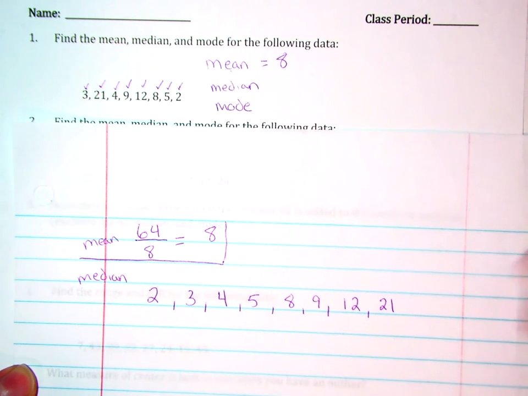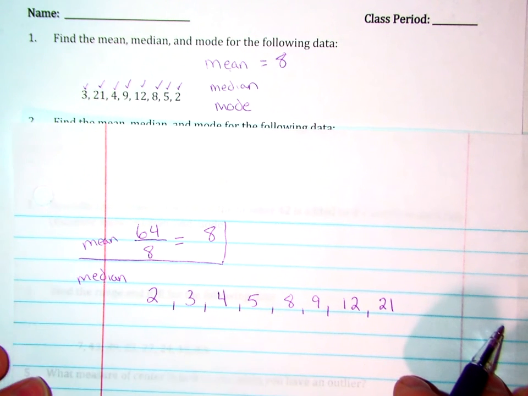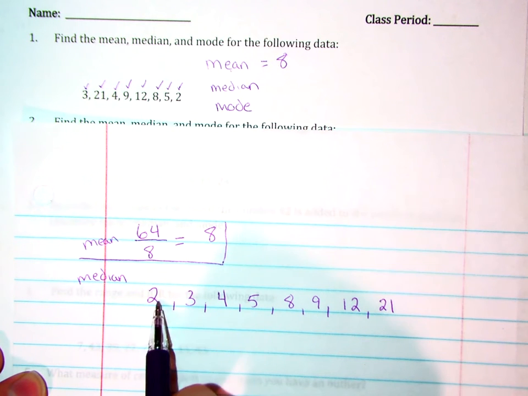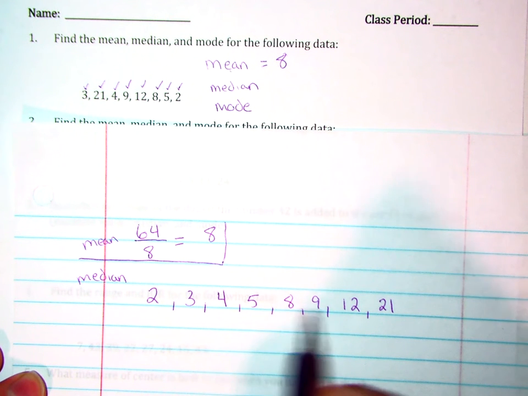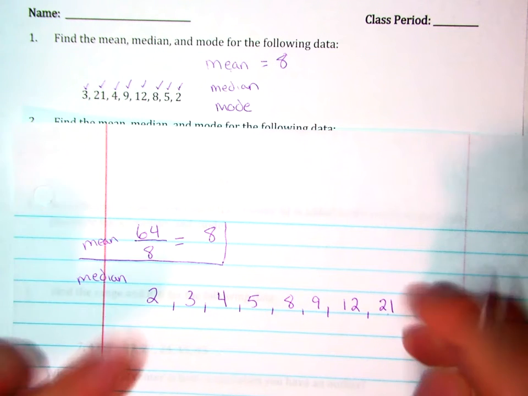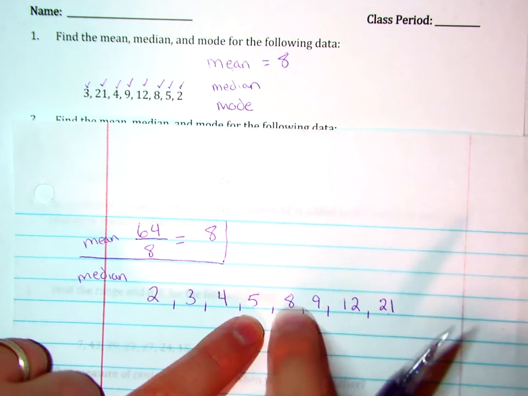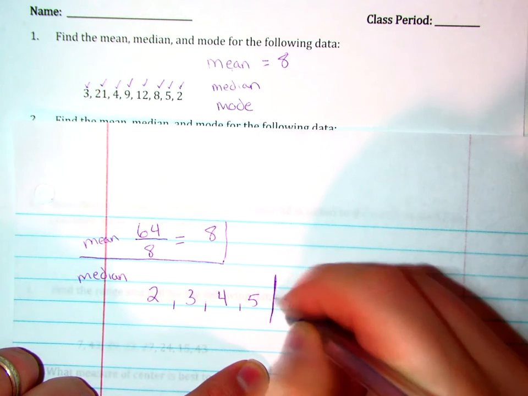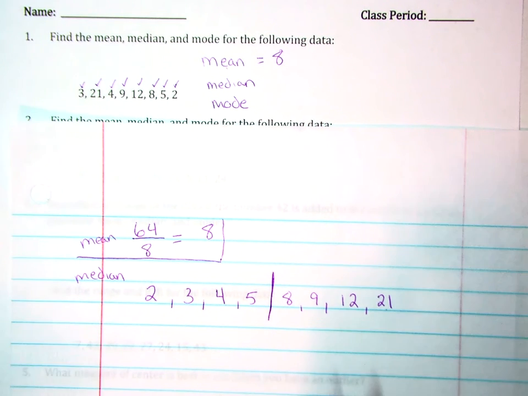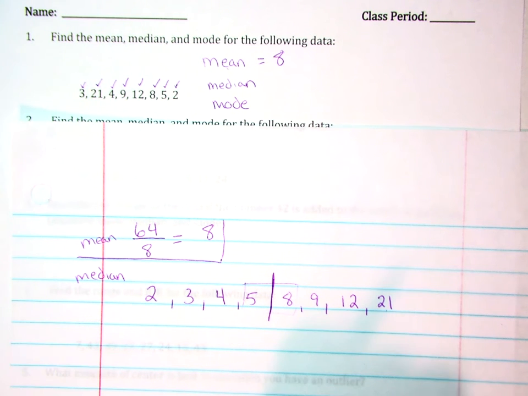The reason why I check them off is so that I can still see my numbers in case I made a mistake or wrote one down wrong or skipped one altogether. But now I have 1, 2, 3, 4, 5, 6, 7, 8 numbers. So my median, as I cross off each from either end and meet in the middle, is going to be right there in the middle. And so I need to find the value of the average of the two numbers to either side.